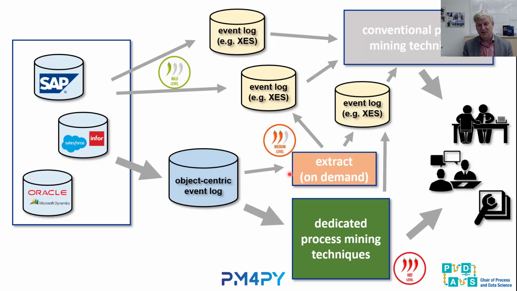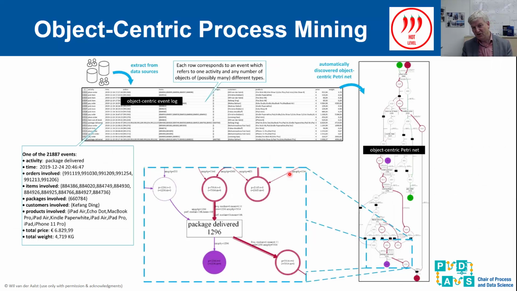The most ambitious solution is that based on these object-centric event logs, you don't pick a case notion, also not on demand, but you immediately generate a much more holistic process model, which is showing the different object flows all in one diagram. It goes too far to explain this in detail. I will provide pointers in a few minutes.